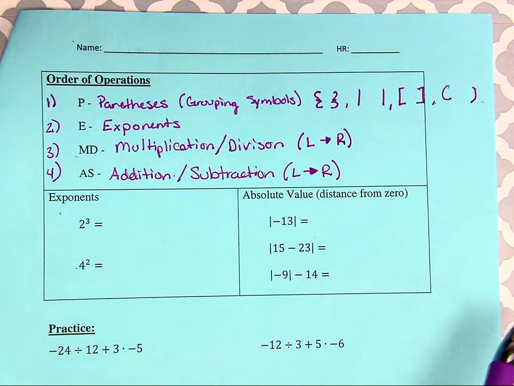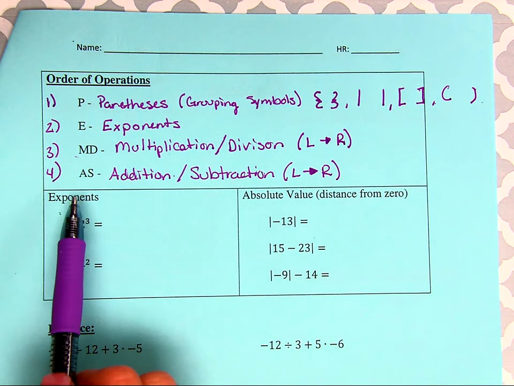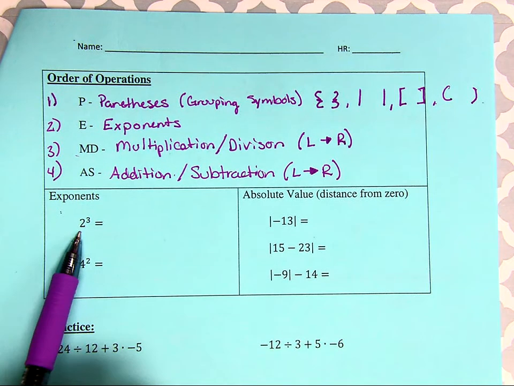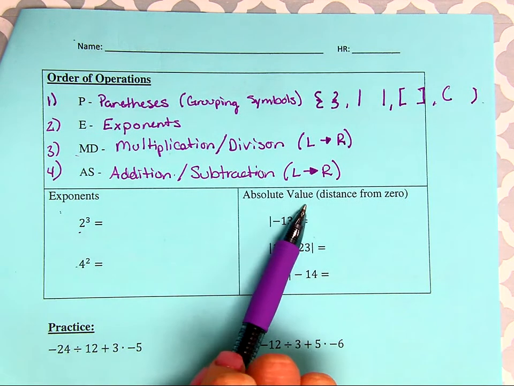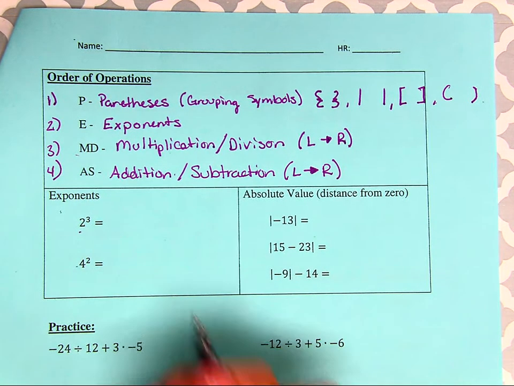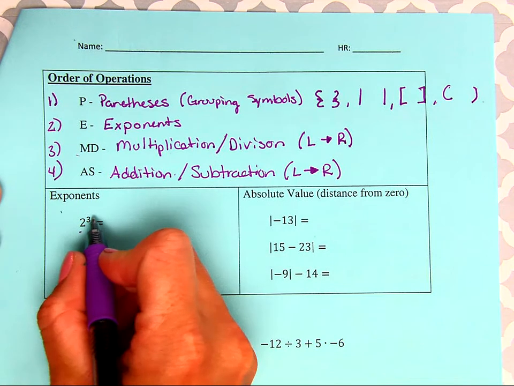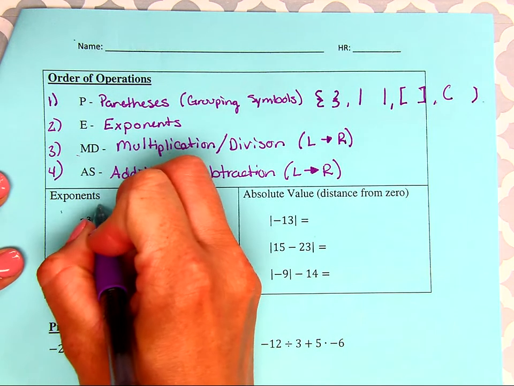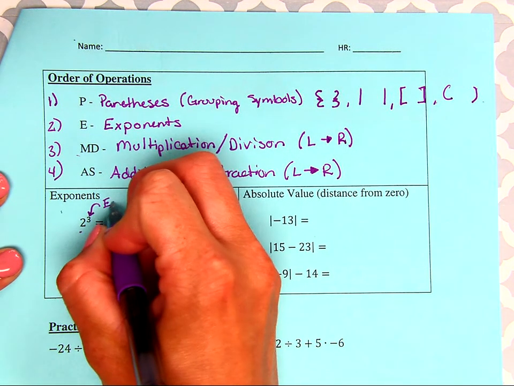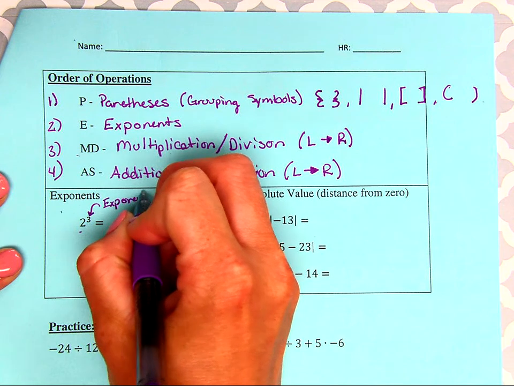To further clarify, exponents you don't work a lot with in 7th grade. We'll see them more in 8th grade. So I wanted to look at a couple examples here, and then we'll do the same thing with absolute value before we do some practice problems. When we're looking at an exponent, the little number up above is the exponent, if we're talking about vocabulary.